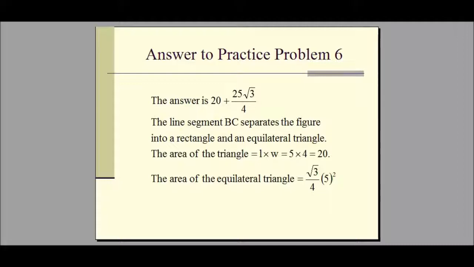The line BC separates the figure into a rectangle and an equilateral triangle. The area of the rectangle is length times width, which is 5 times 4 equals 20. The area of the equilateral triangle is square root of 3 over 4 times 25. Those two are added together to give the answer.